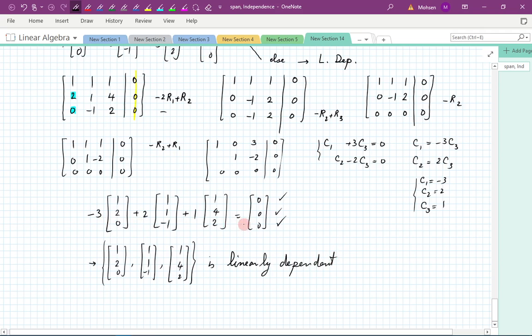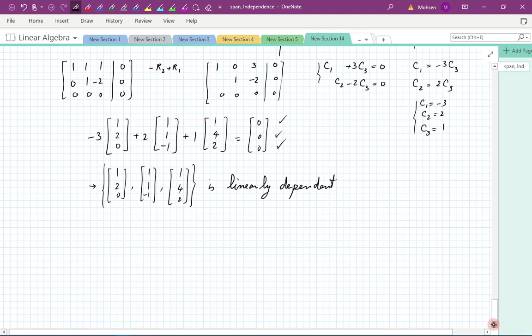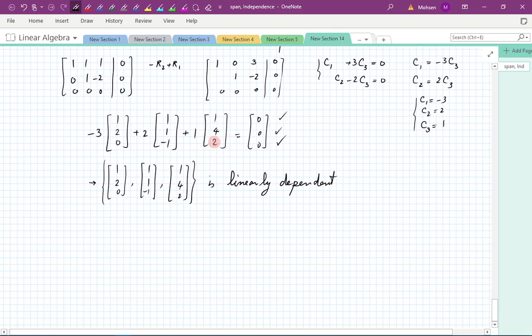Because of this, now if you want to go back to the original definition number 1, you can take one of these things to the one side and keep the other ones on the other side. That would be the first style of discussion. For example, if I want to isolate 1, 4, 2, I can say 1, 4, 2 can be built out of these two.